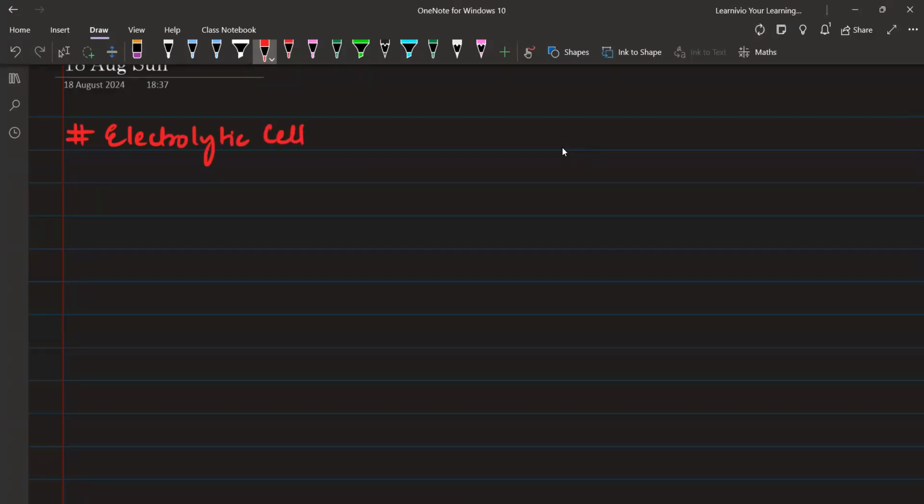So what is an electrolytic cell? We use electrical energy in order to do some chemical reaction. In this case, we say that a non-spontaneous redox reaction occurs when we apply some electrical energy, and in this case, electrical energy is converted to chemical energy.